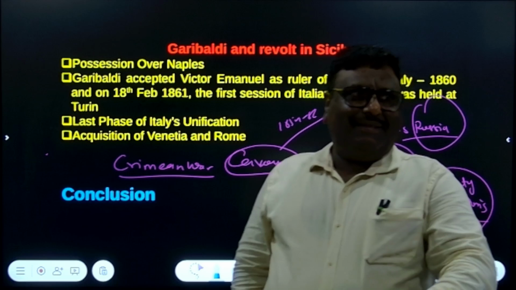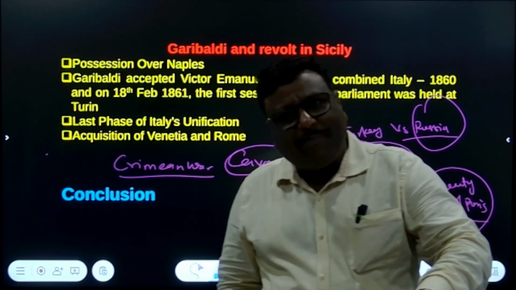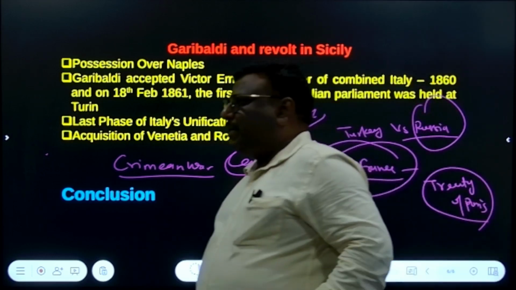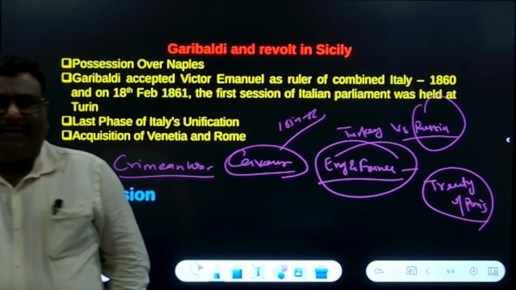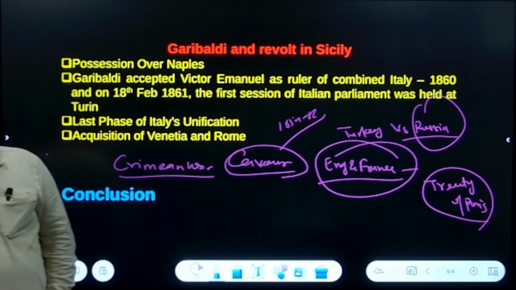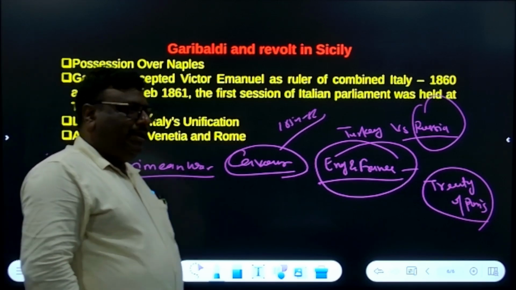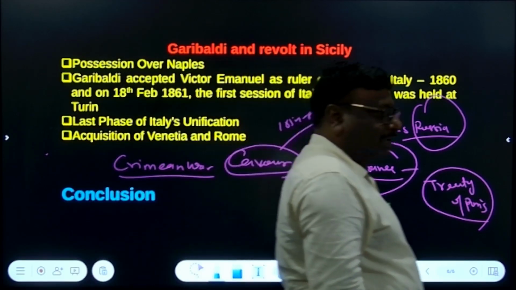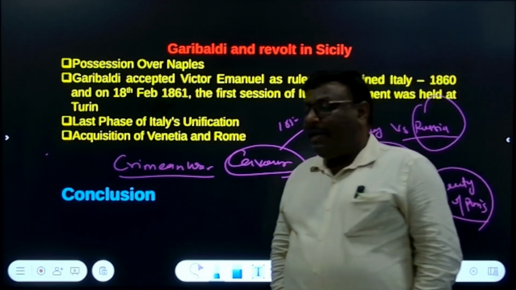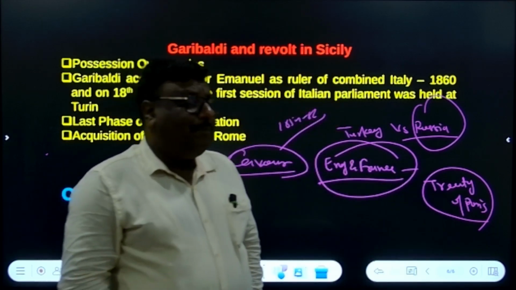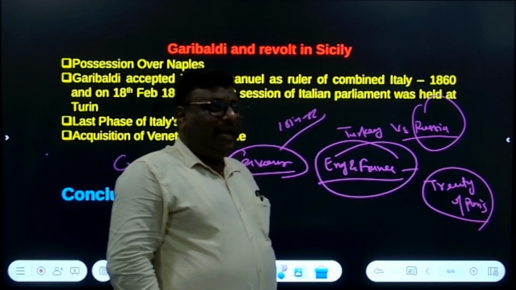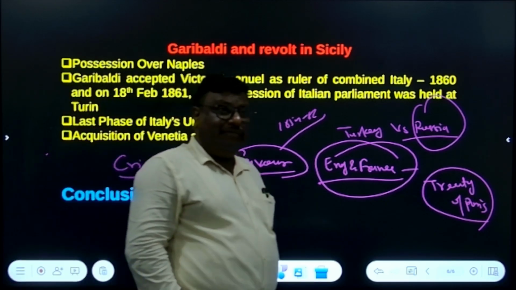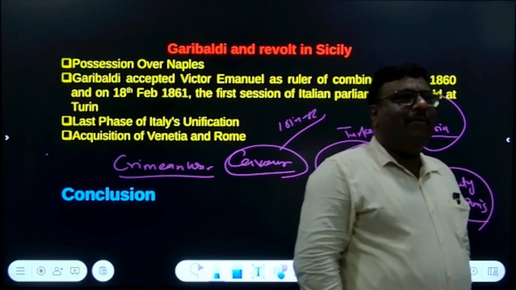Definitely, it was the Crimean War which provided an opportunity to Cavour to participate in a conference called by the international powers, where he raised the issue of Italian unification. It was the Crimean War which provided him the opportunity to expose the suppressive nature of Austria in front of the world powers.